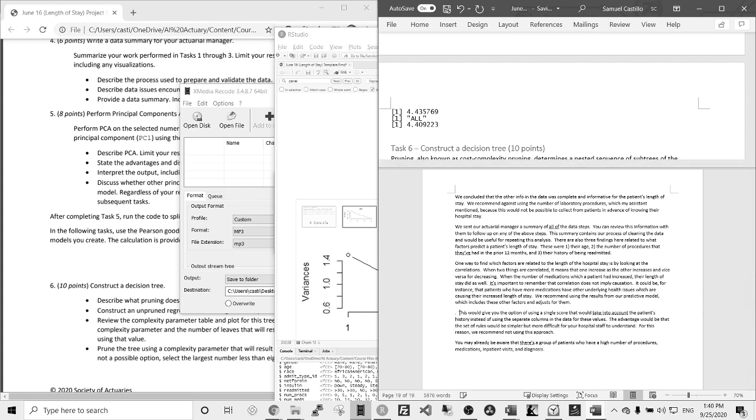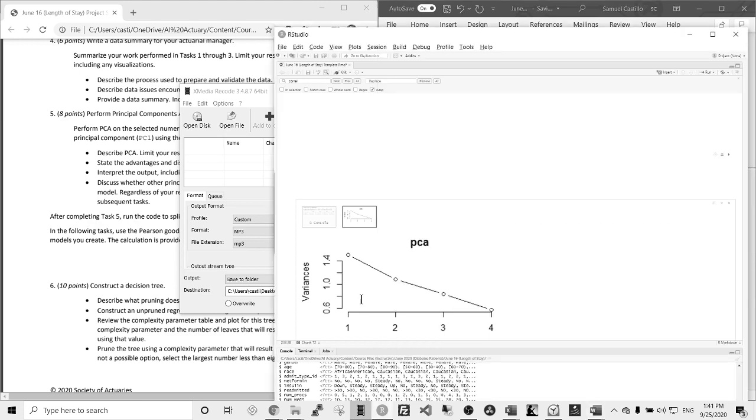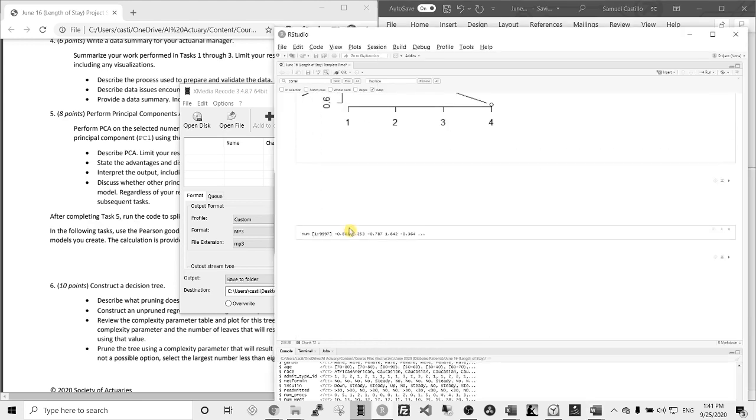Let me just say you can simplify the info that you collect on a patient's history down into a single number. This would give you the option of using a single score that will take into account the patient's history instead of using separate columns with the data values. The advantage would be that the set of rules would be simpler to use and implement, but more difficult for your hospital staff to understand. And then I would say the recipe for this is, and now I just want to take the loading factors of this first principal component.